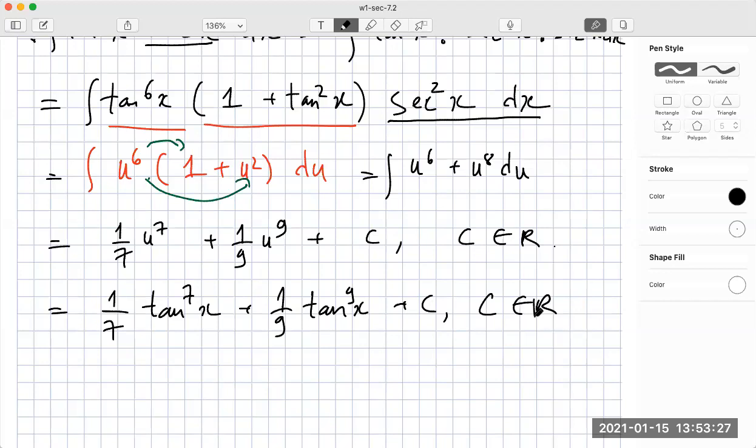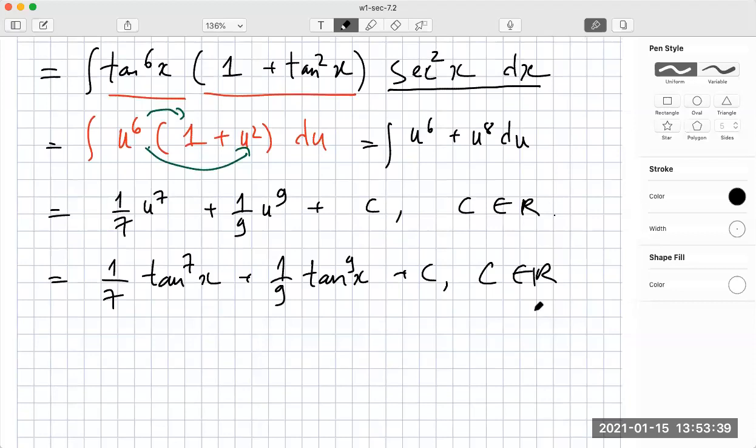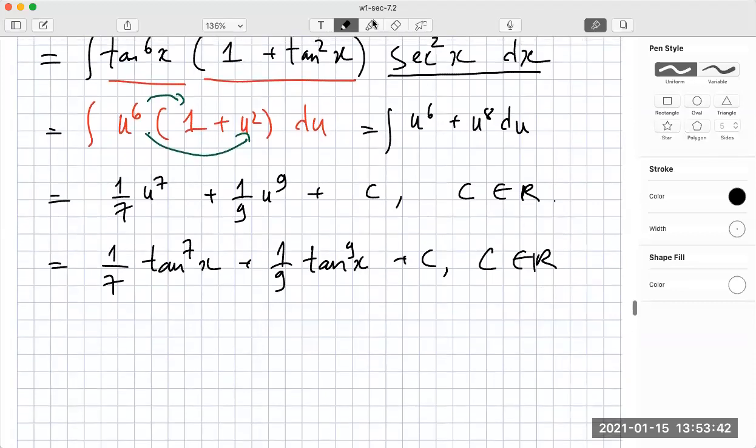Okay. Do you have any question up to this point? Du is a notation. This is simply a notation implying that we need to take the antiderivative of the things inside here. That's it.